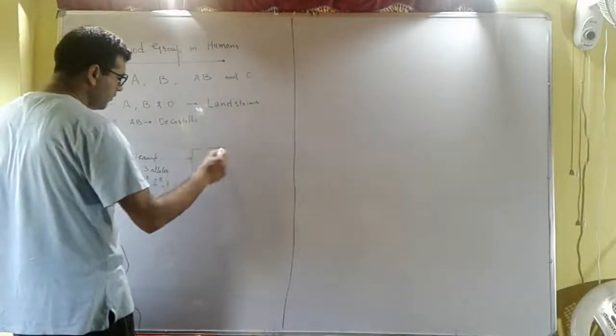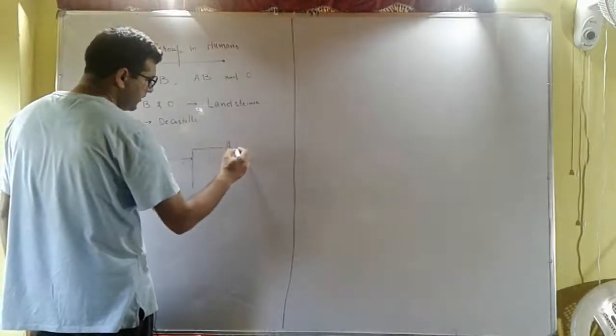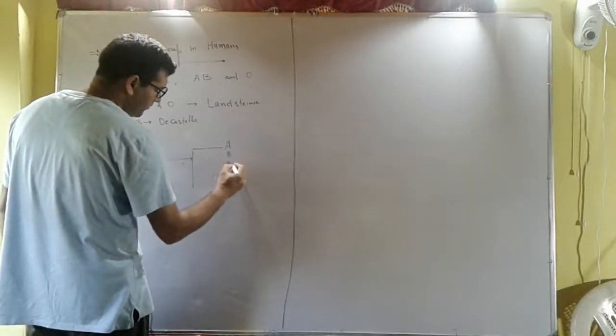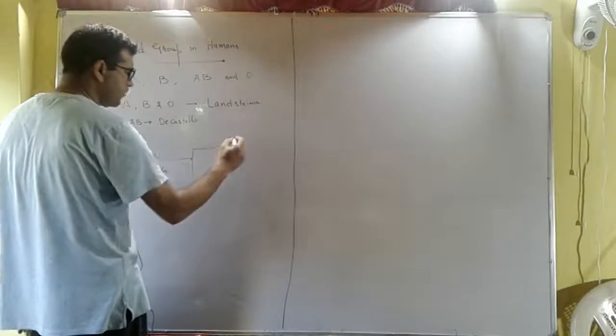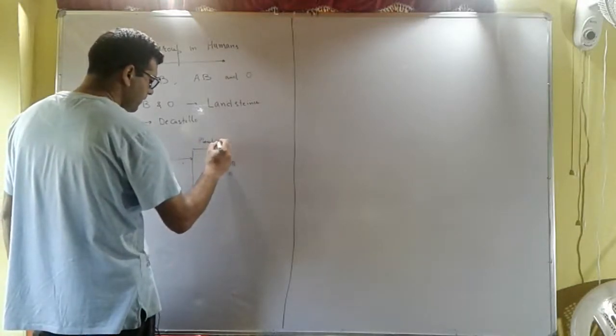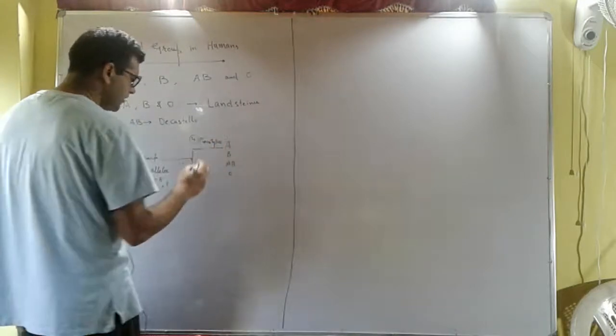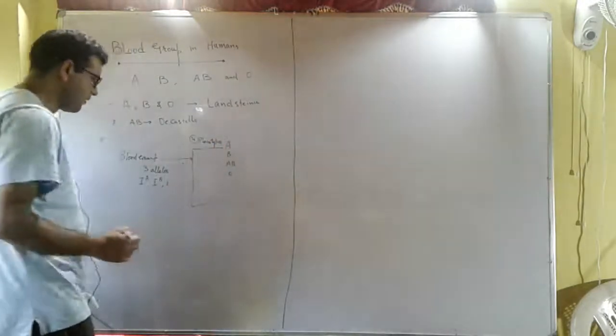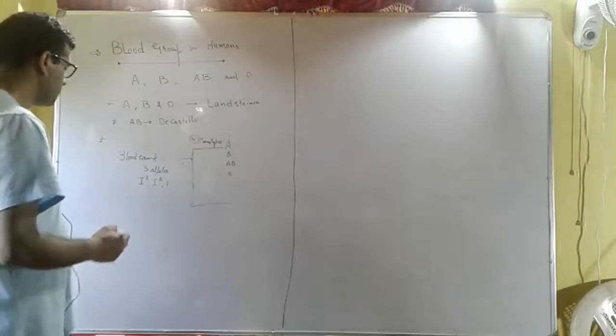They will form how many phenotypes? A, B, AB, and O. These are phenotypes, four phenotypes we can say. And how many genotypes should be formed?